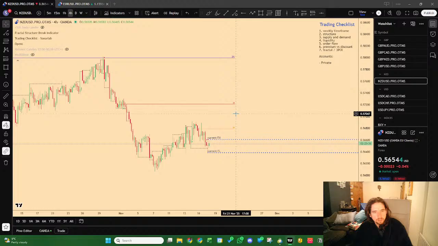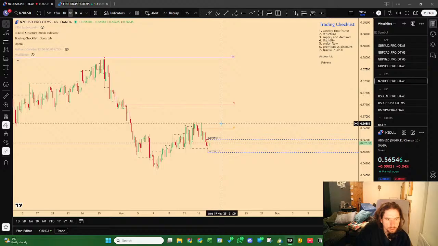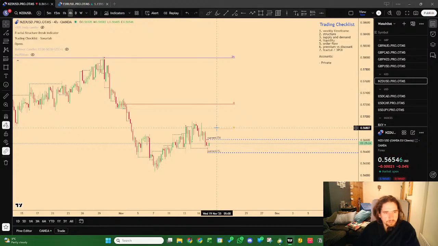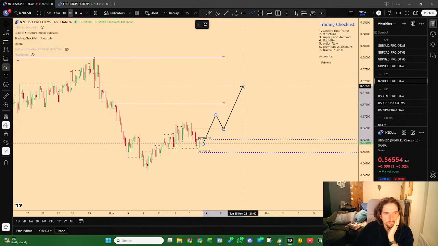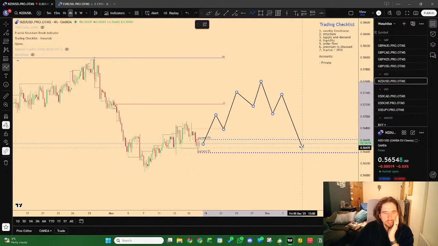So yeah, it's ranging between here. I wanted to see it break to that point there, and then see it change the character.